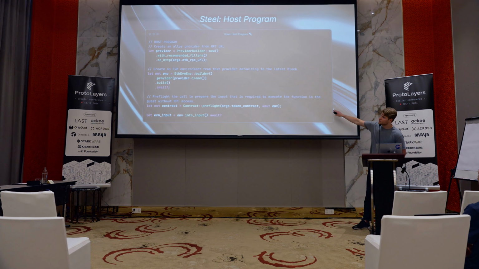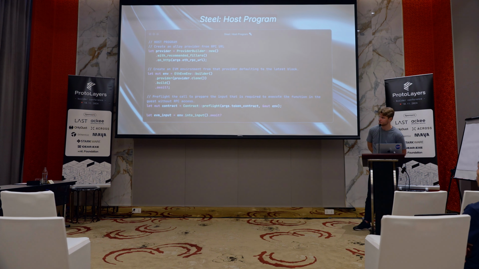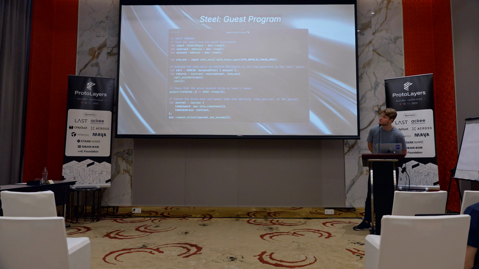Next up is a very important line, the preflight line. Preflight collects the RPC data to build the EVM environment. This line will handle and mutate the environment to give it all the required data, including the Merkle storage proof for the guest. So now the guest has a way of verifying that the view call data matches at least the block hash it was given.